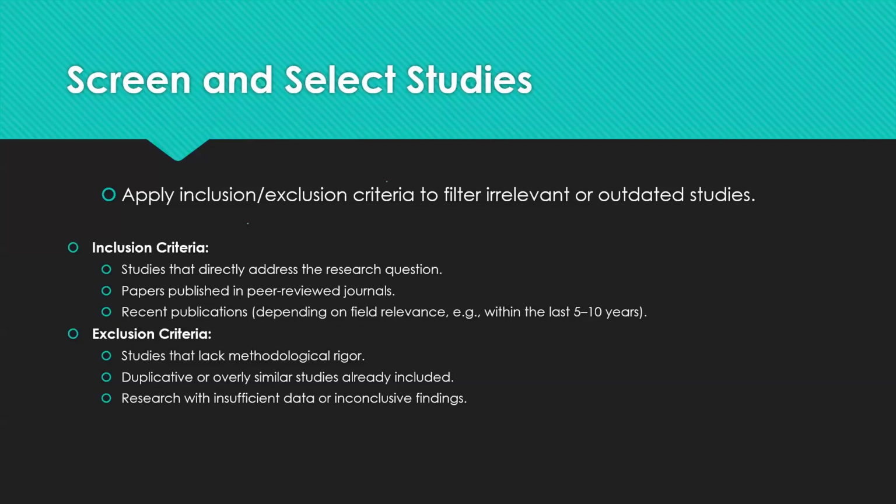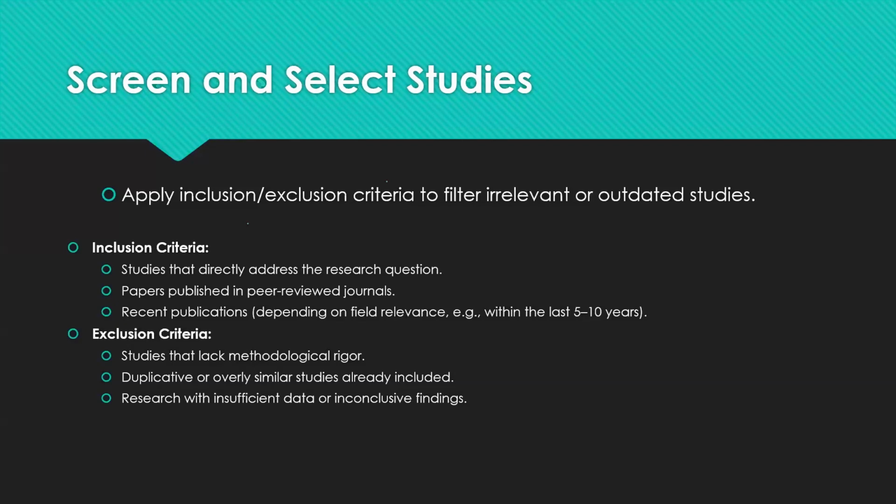Say, for example, recent publications, depending on the field of relevance. For the last 5 years, you can refer to journals. More than 5 years, you can still refer, but you can't go beyond 10 years. That talks about inclusion criteria. Then the next one talks about exclusion criteria.